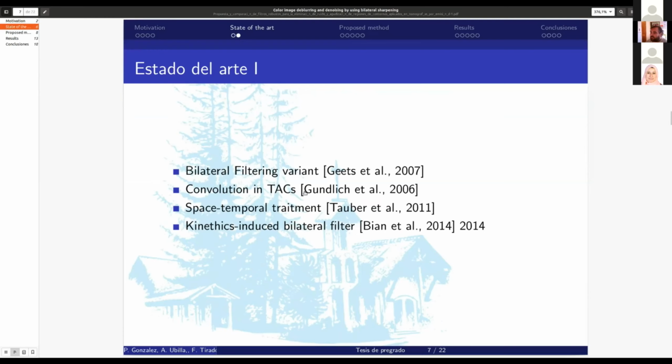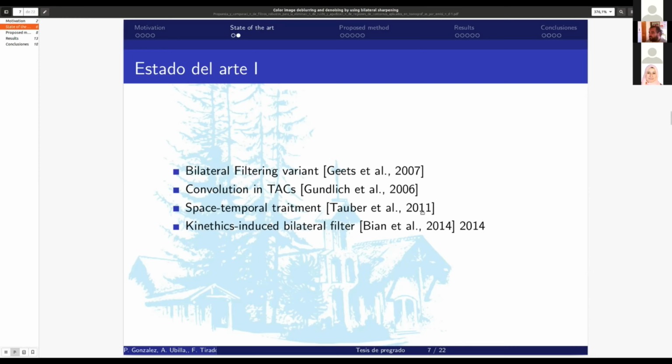Gundlich takes the convolution in the time acquisition curves that we can use to reduce the noise in the image, but the problem is that you change the real information of the texture.